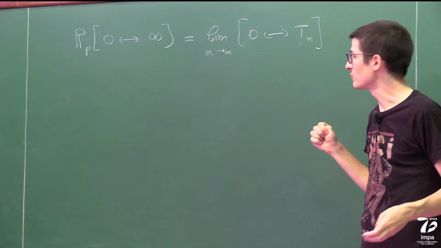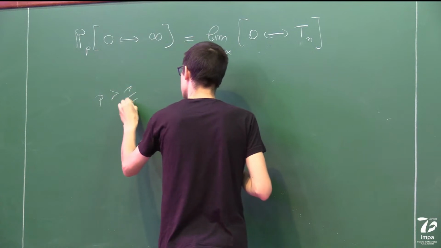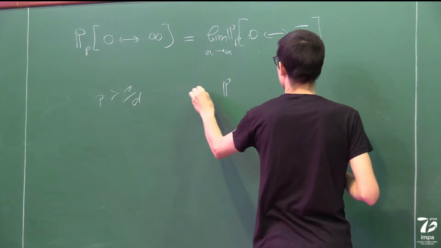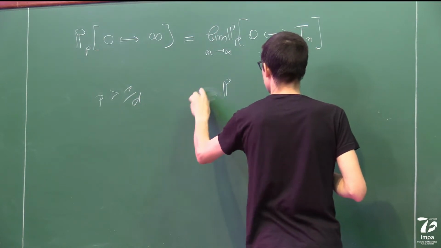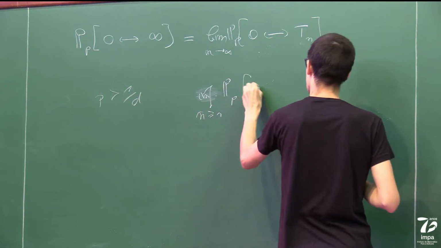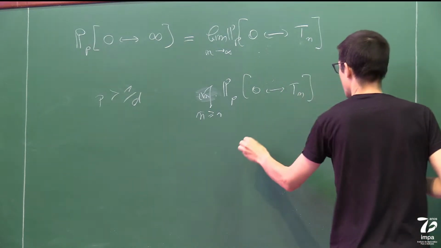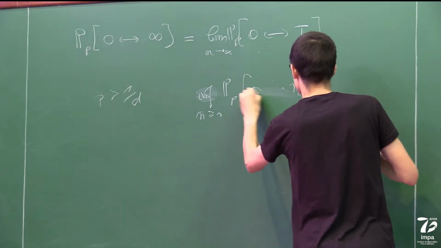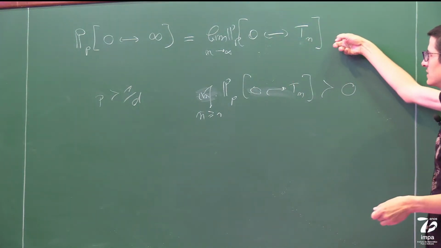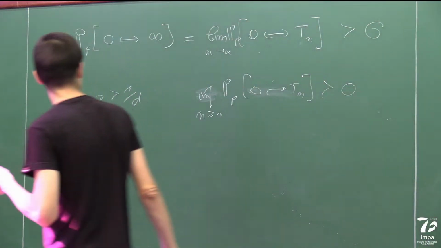And using the Paley-Zygmund inequality, we obtained that if P is larger than 1 over D, then this thing is larger than 0, which is sufficient to say that this limit is positive.